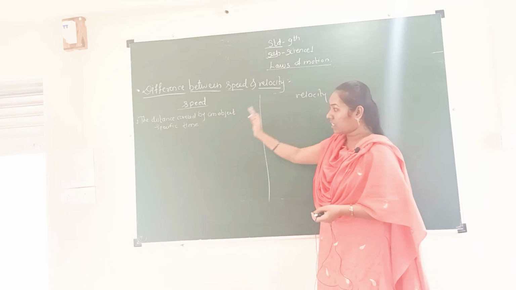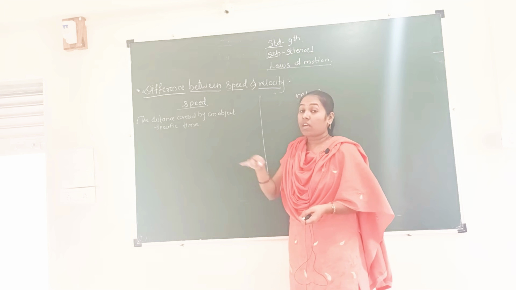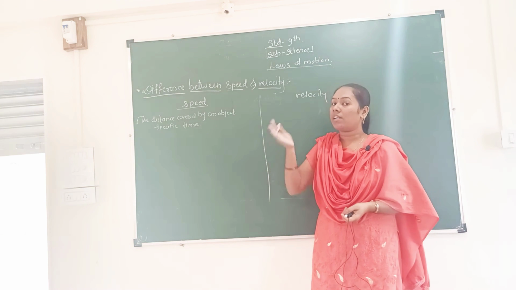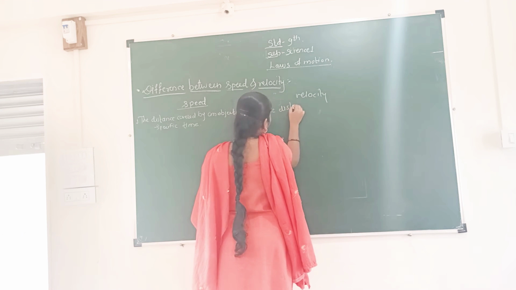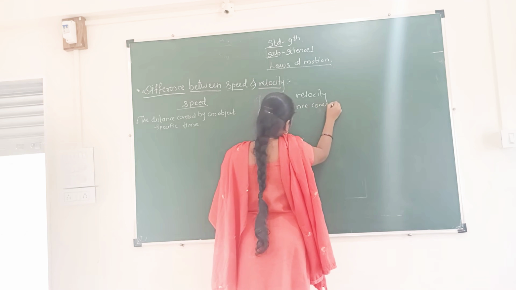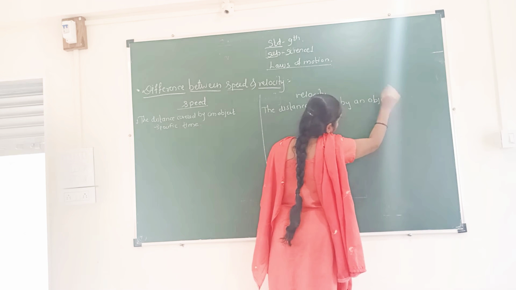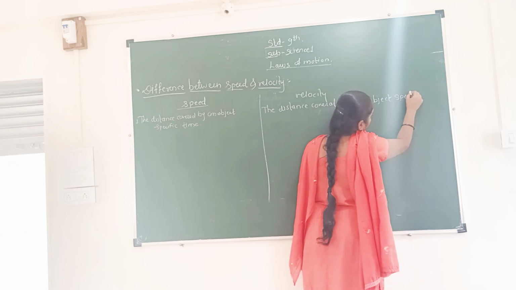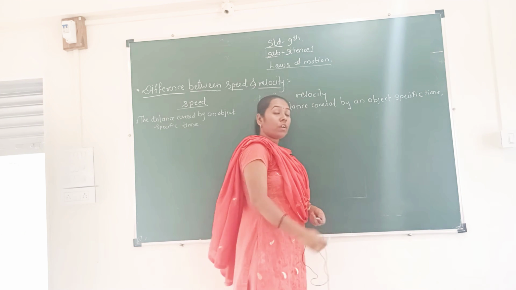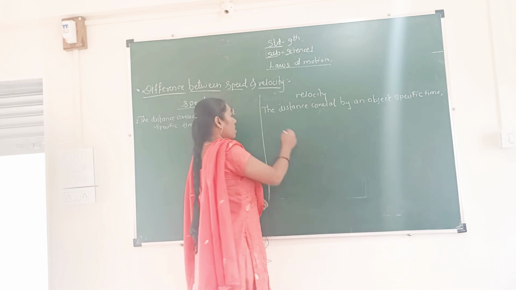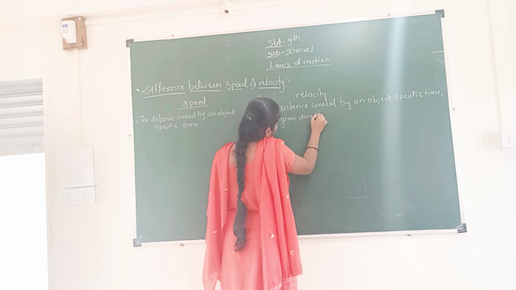The definition of velocity is the distance covered by an object in a specific time, comma, in a given direction or a given displacement.